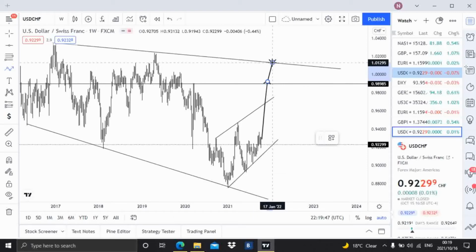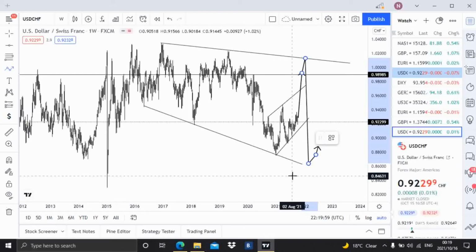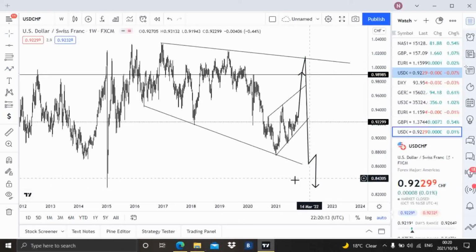And then if it reaches this trend line, we would be looking for the long-term sell to the downside to this trend line here, or if it breaks this trend line, we would be looking for the sell to the downside, and our take profit would be here, the nearest support.